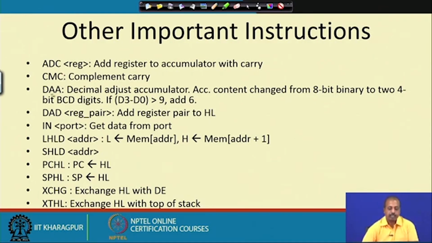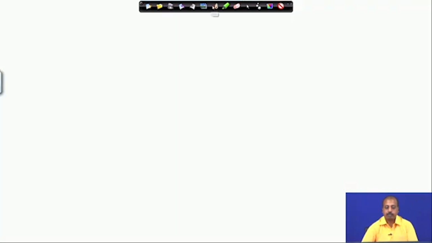Next important instruction that we have is the DAA or decimal adjust accumulator. Accumulator content is changed from 8 bit binary to 2 4 bit BCD digits, and how is it done? If D3 to D0, this bit pattern, is greater than 9, we add 6 to that pattern. BCD number we have just introduced.